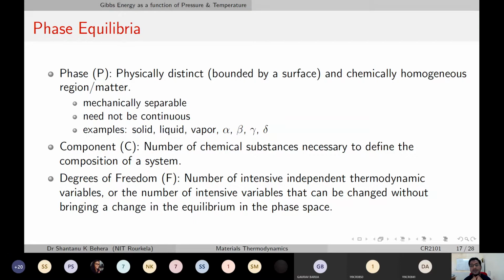let's talk about something which is called phase equilibria, which is the core of materials thermodynamics. And what is phase equilibrium? This is nothing but a kind of a map to understand the stability of different kinds of phases in the changing situation of different thermodynamic variables, including pressure, temperature, composition, and things like that.